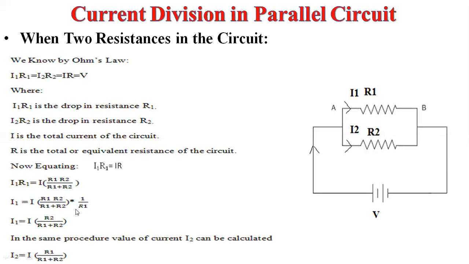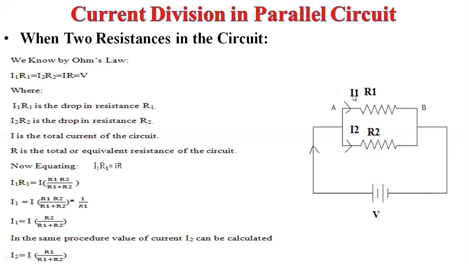Cancel R1 to R1, we get I1 is equal to I into R2 divided by R1 plus R2. So this is the formula for calculating the current I1 across resistance R1.